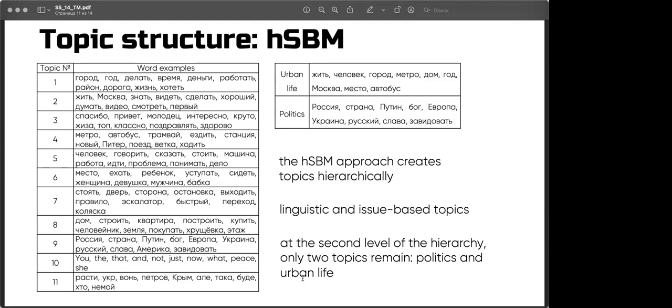Well, first of all, I want to highlight that, unlike the other two algorithms, and we will speak on that again further, HSBM creates very different topics. For example, it did catch up with the fact that in the data set there are different languages.